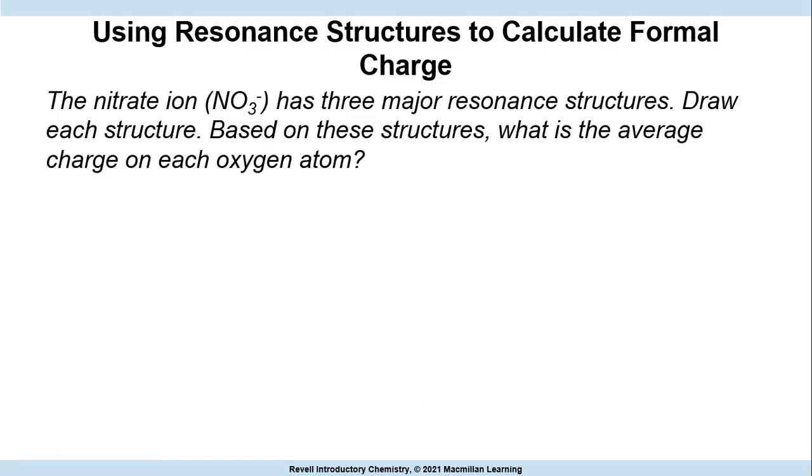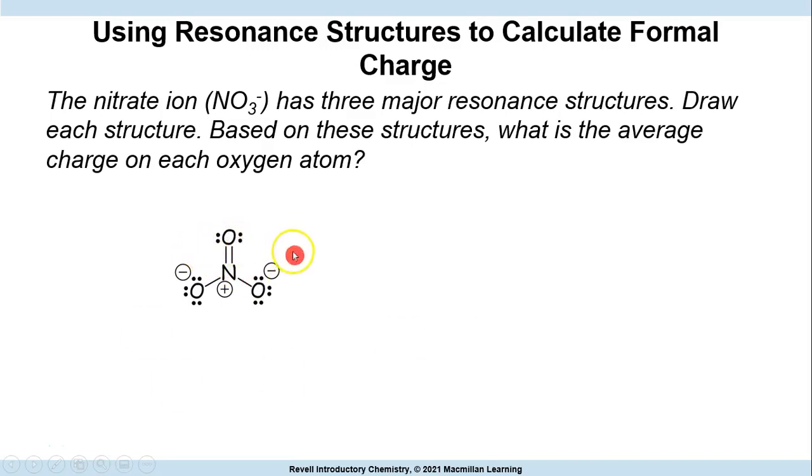Now the nitrate ion has three major resonance structures. Draw each structure, and based on these structures, what is the average charge on each oxygen atom? So we drew that for the nitrate, and we said the charge on each oxygen atom was -1/2. So now we have to draw for the nitrate. This is the Lewis structure for the nitrate, where the double bond is at this position.